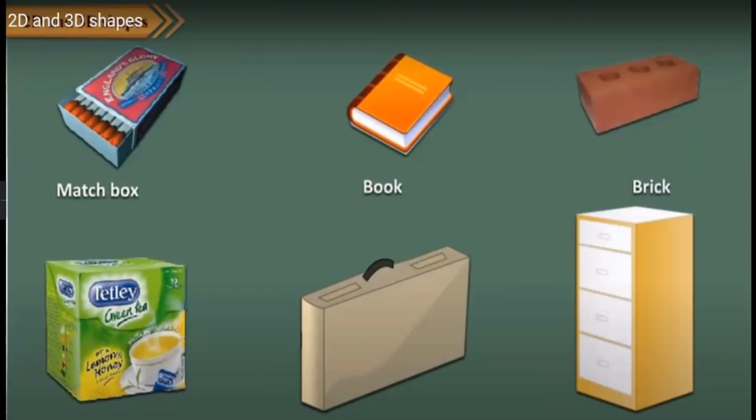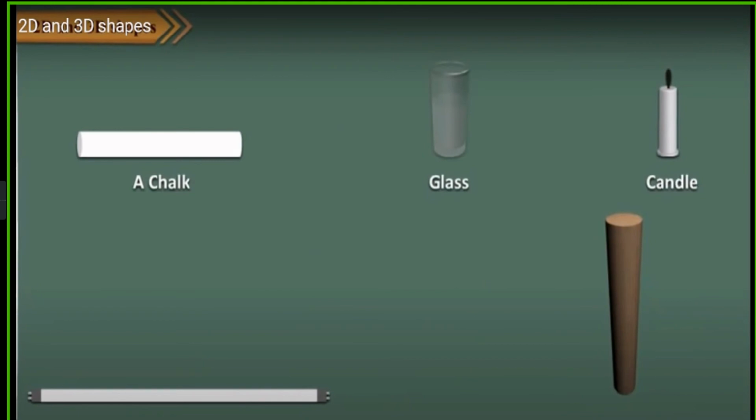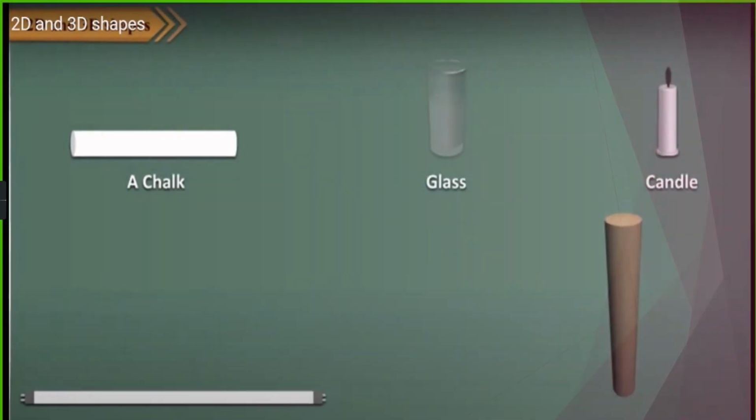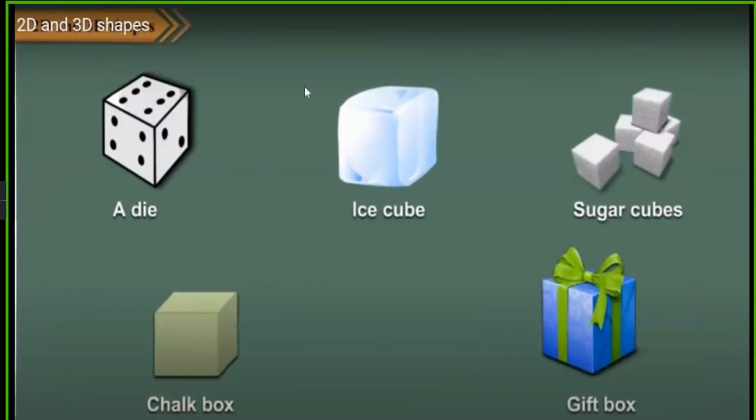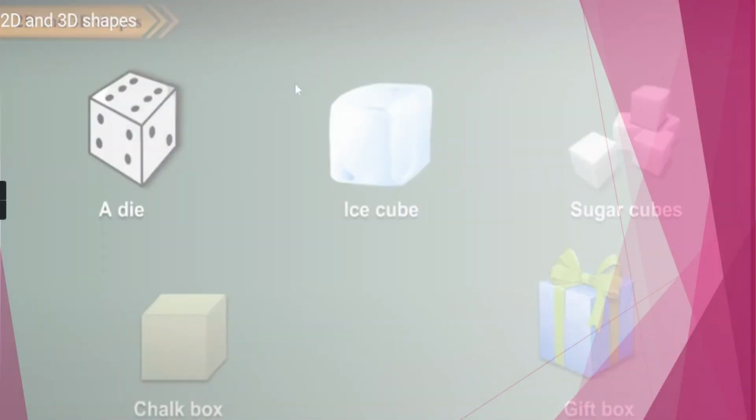Hence, these are the examples of cuboid. Here you can see the examples of cylinder: chalk, glass, candle, tube light, and log of wood. Don't you think they look like a cylinder? Now here you can see the examples of cube: a die, ice cube, sugar cubes, chalk box.